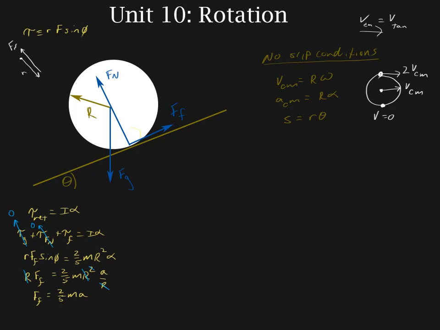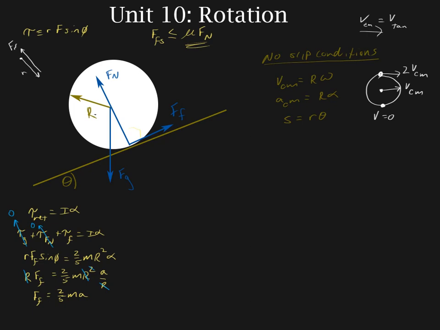But you only need 2/5 ma in order to cause the rotation. So that's a really important distinction, because this rolling friction, it's a type of static friction, right? And static friction, we know, is less than or equal to mu times the normal force. So we're going to be somewhere less than the maximum that we get out of that. So just keep that in mind.